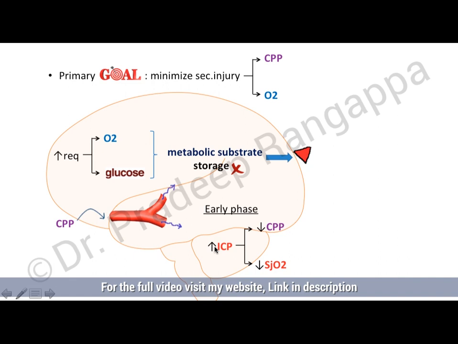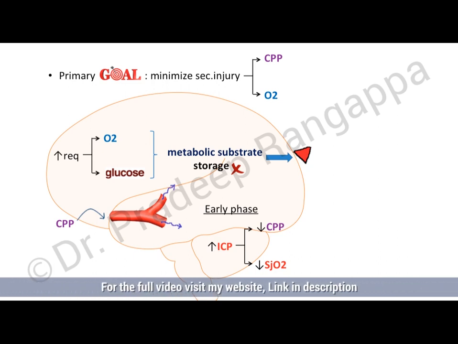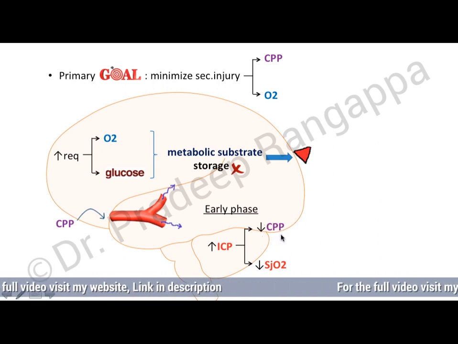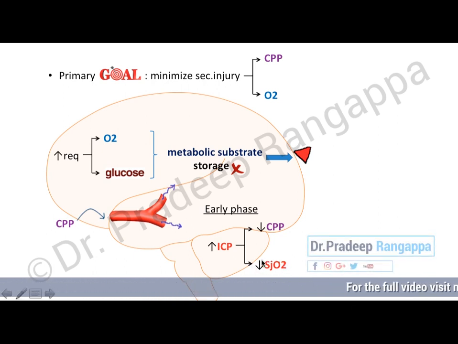As we know, cerebral perfusion pressure is mean arterial pressure minus intracranial pressure. So when there is an increase in the intracranial pressure, there is a reduction in the cerebral perfusion pressure, and because of this the cerebral blood flow is curtailed, and because of that there is a reduction in the jugular venous saturation, which is an indicator of brain tissue oxygenation.